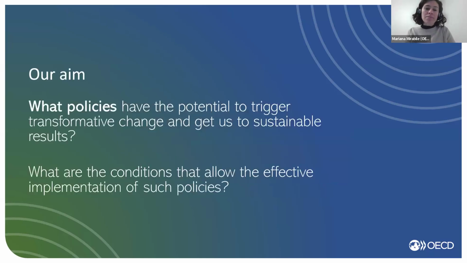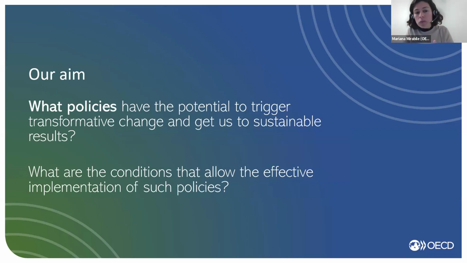For transforming systems, we need to understand that policies have had a key role in designing the current systems we have. We can think about socioeconomic systems, mobility, food systems, etc. They also have the potential to transform them to something more aligned with the results we want for the net zero transition, and also for a better well-being performance, right?